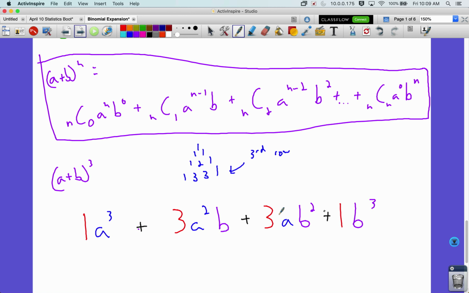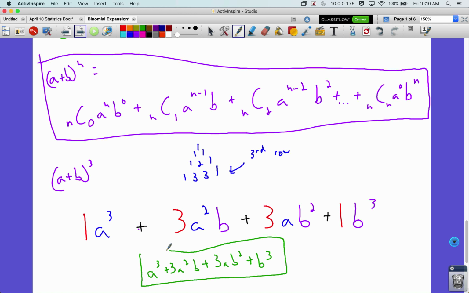And that is the expansion of a plus b cubed. We can get rid of these ones. I can write it a little bit neater: a cubed plus 3a squared b plus 3ab squared plus b cubed. And that is the expanded form.